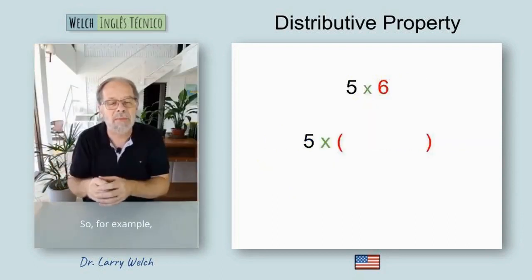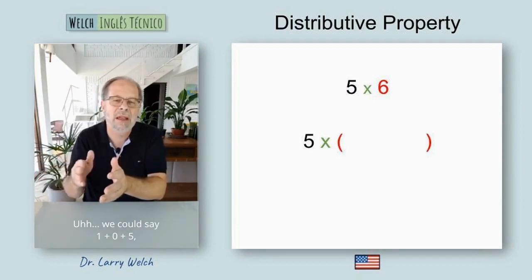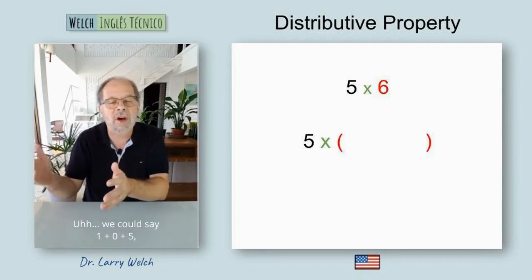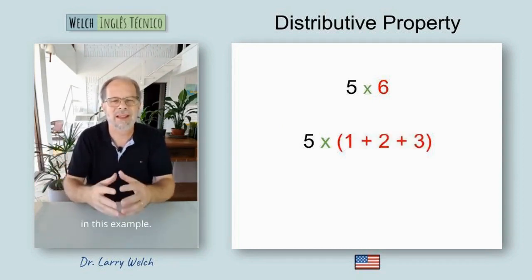So, for example, if we rewrote the 6 as a sum, we could say 1 plus 5. We could say 2 plus 2 plus 2. But let's say 6 is 1 plus 2 plus 3 in this example.